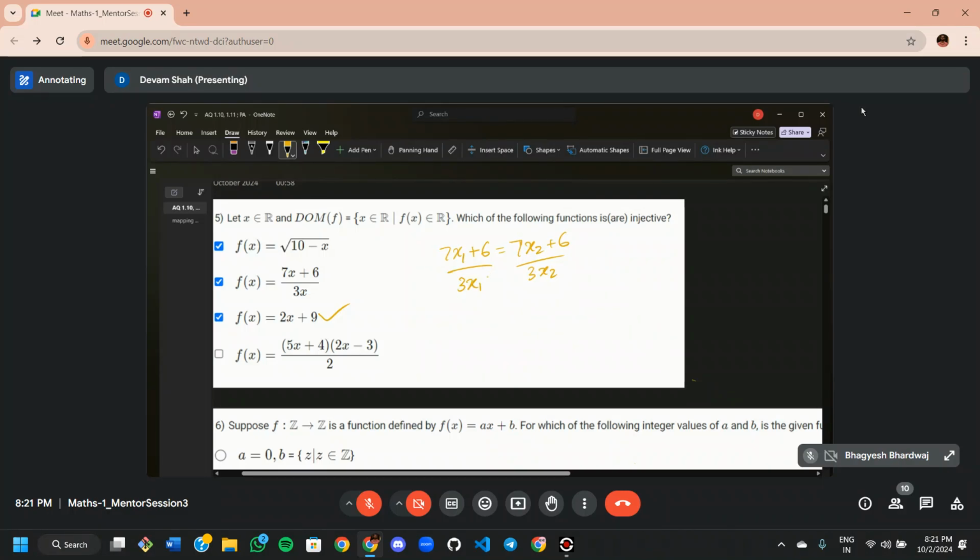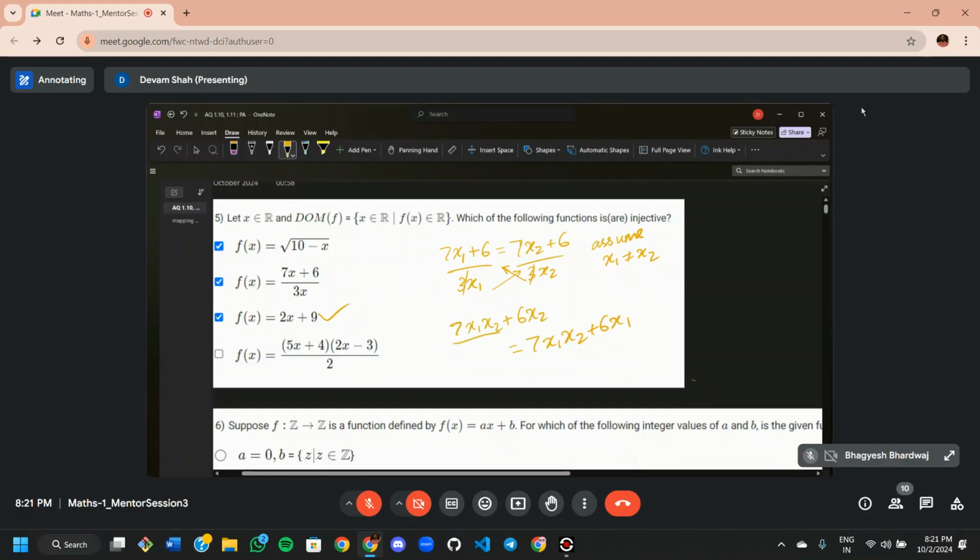No, wait. You can't cancel x1 and x2 because we assume that x1 is not equal to x2. So just cancel 3, okay? Now what you will do, multiply this x2 here and this x1 here. So 7x1x2 plus 6x2 equals 7x1x2 plus 6x1.